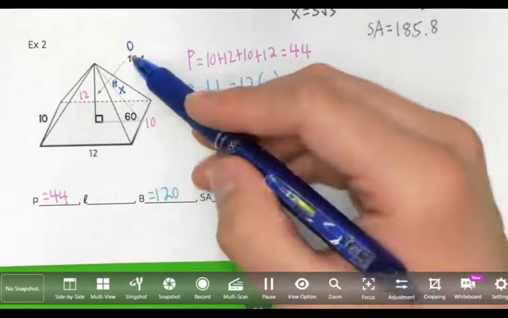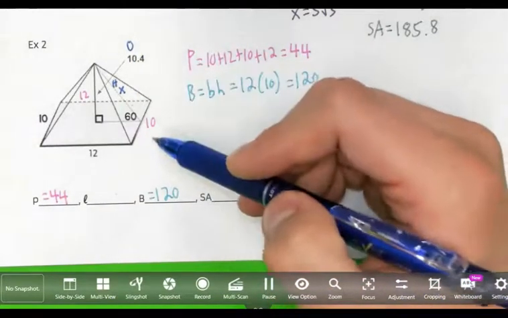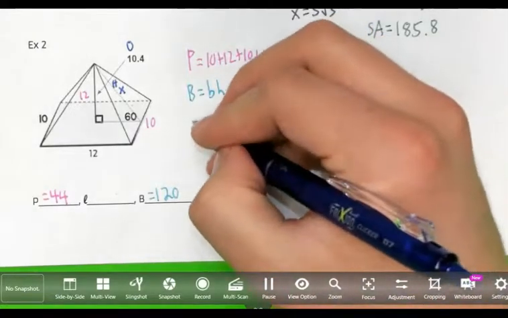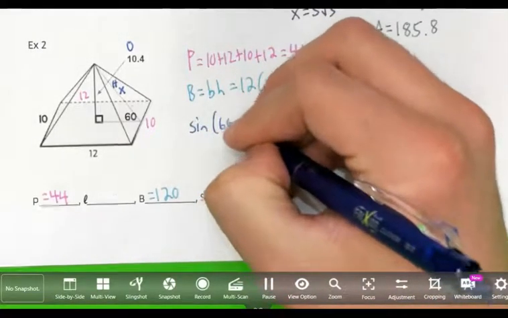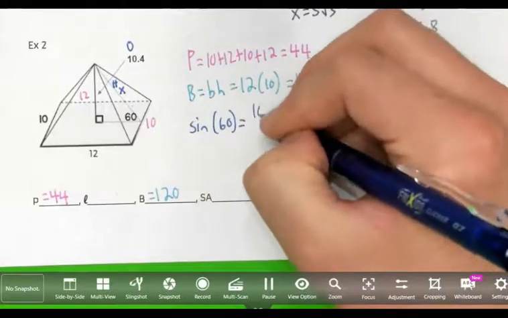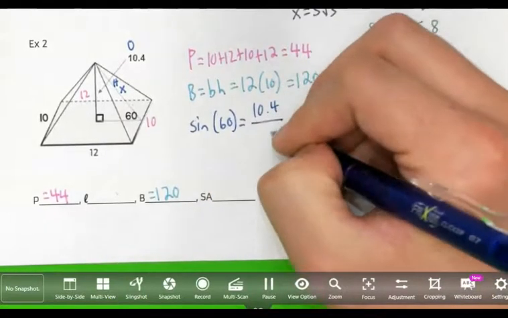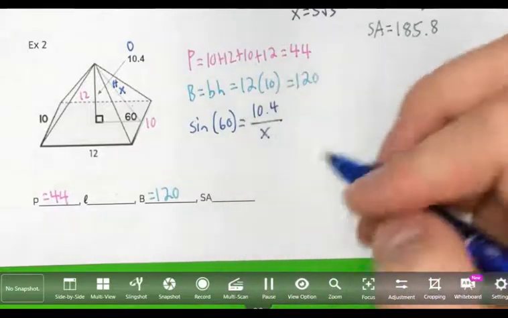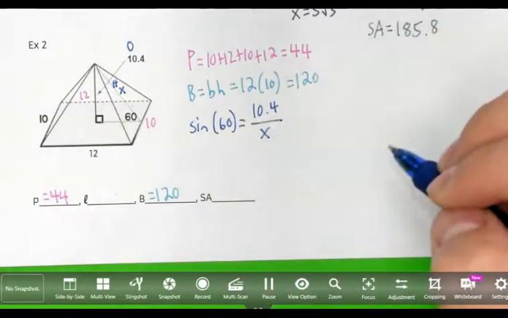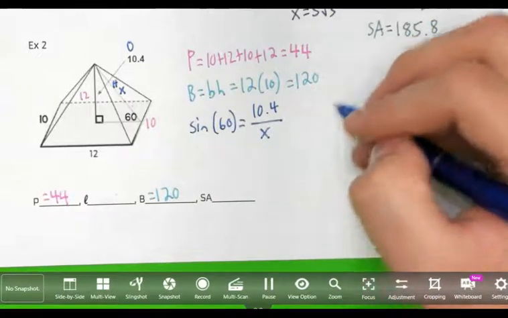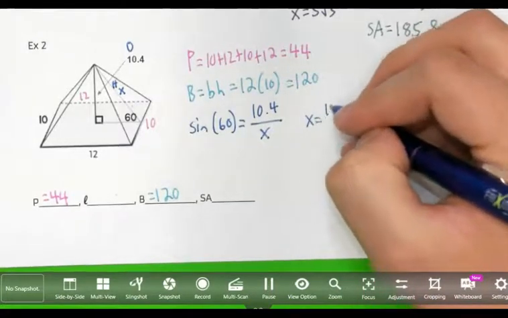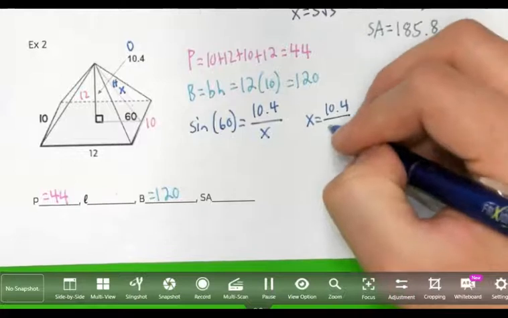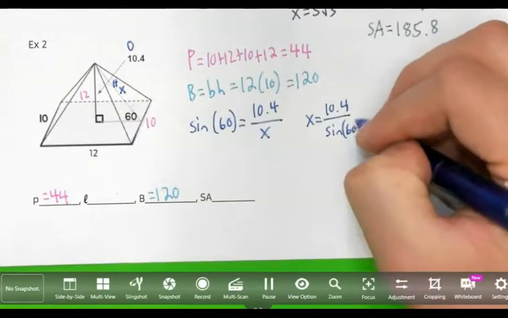So we are going to use sine in order to solve this. So sine of 60 is equal to the opposite, 10.4, over the hypotenuse, which is x. Now, whenever the variable is in the denominator, we are going to divide. So x is equal to 10.4 divided by sine of 60.